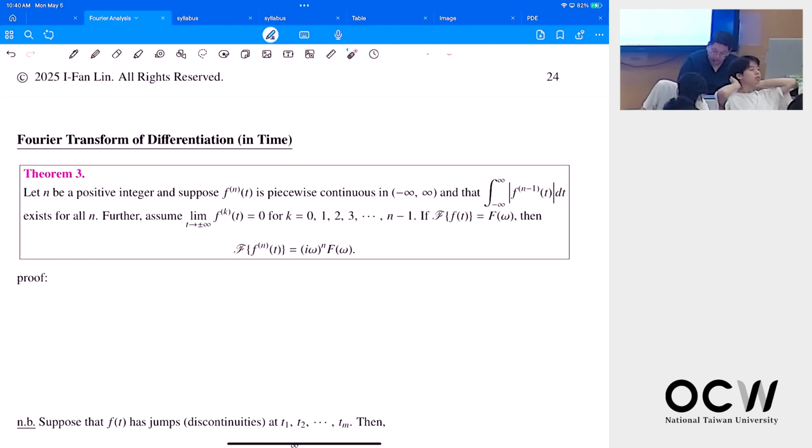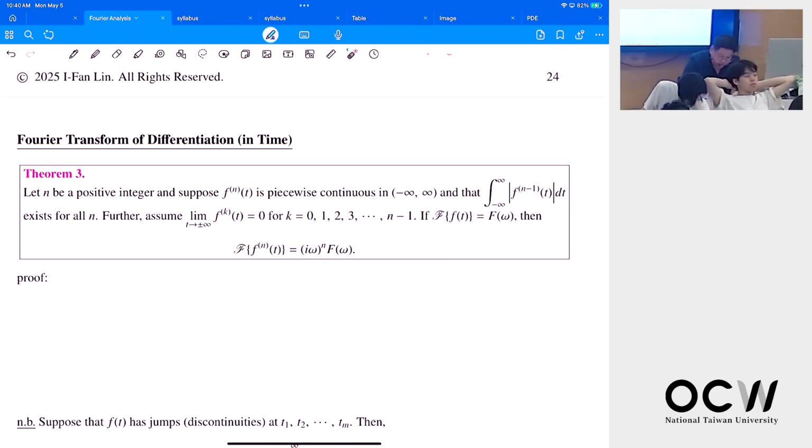Then, if we know the Fourier transform of the function f, we can write it as F of omega. Every time I take a derivative, I will produce i omega. If it is the first derivative, I get i omega. If I take the derivative twice, then I have i omega squared. If I have the nth derivative, then I have i omega to the n. Every time you take the derivative, you produce an i omega.